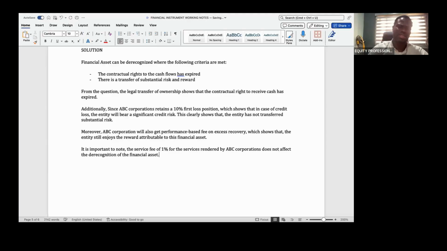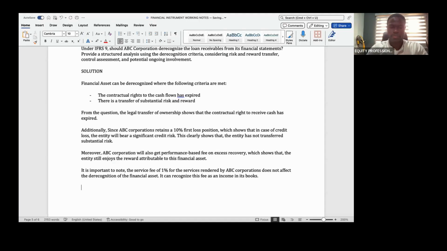So it doesn't impact our decision. It can recognize this fee as an income in its books. So, I mean, he's rendering a service, so you should pay him for that. It is a separate service entirely that has nothing to do with derecognition.